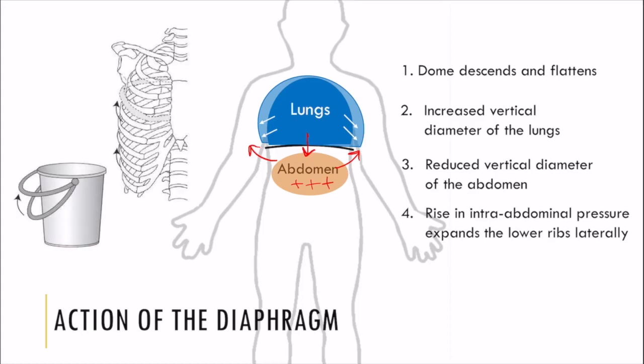This motion is known as the bucket handle motion, because the ribs start where the bucket handle is down, and as the diaphragm descends, if there's an intact abdominal wall and an intact pelvic floor, the pressure being generated from that descent of the diaphragm kicks the ribs up and out in a bucket handle motion.